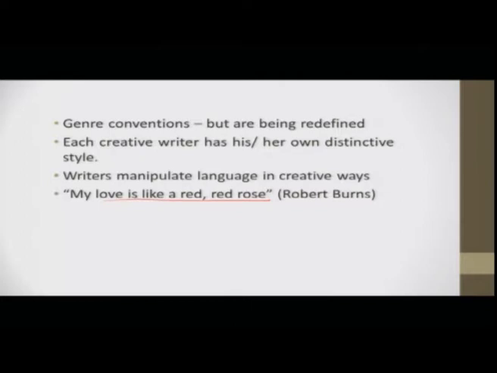You try typing the same words twice on a computer, immediately a red line appears because this is grammatically not appropriate. But in literary context, this is accepted. This is a creative use of language.